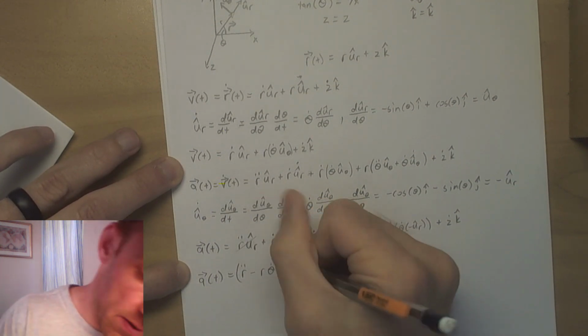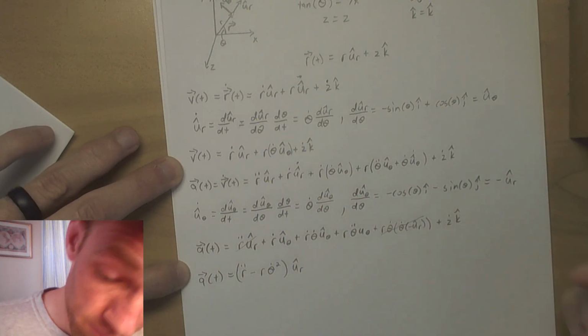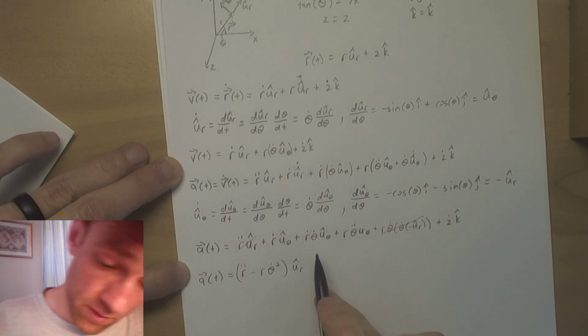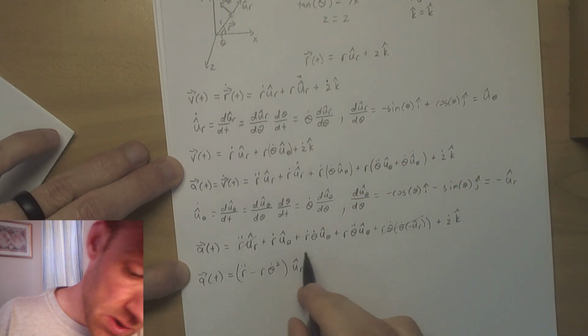So theta dot times theta dot, and that's multiplied by u sub r. So we got this term out of the way. And now we have a bunch of u sub theta terms here.